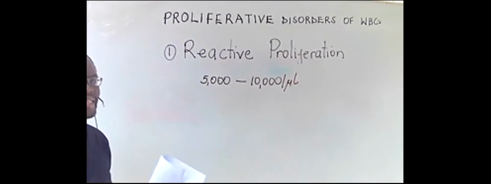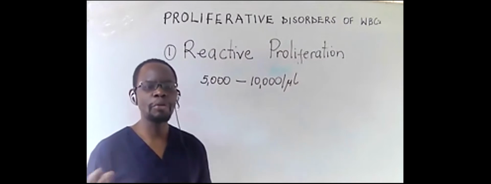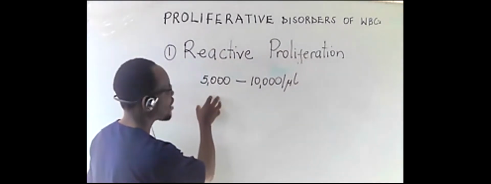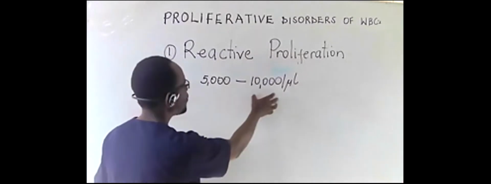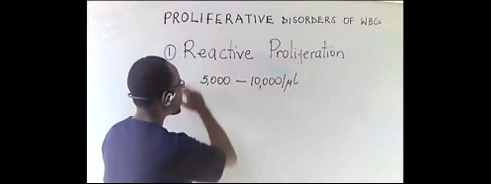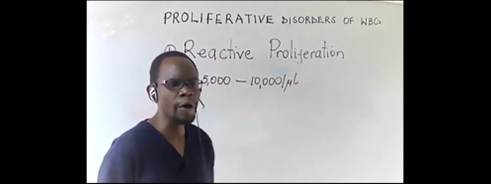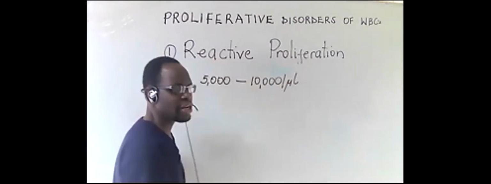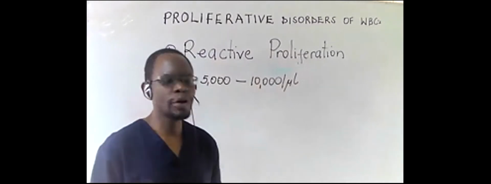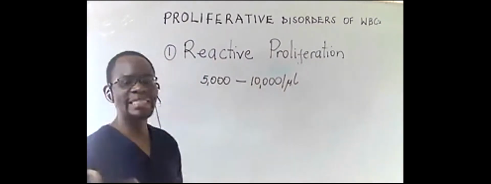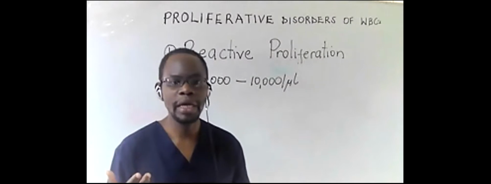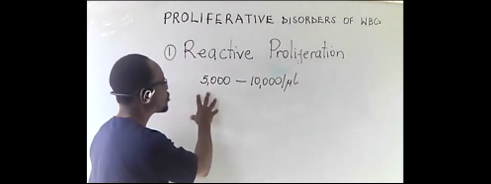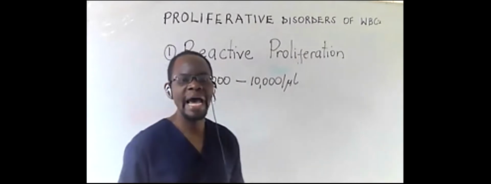Of course, it can be maybe 4,500 to 11,000, but usually the range is that. So, for you to understand reactive proliferation, you need to know the normal number of white blood cells in the body: about 5,000 to 10,000 per microliter.